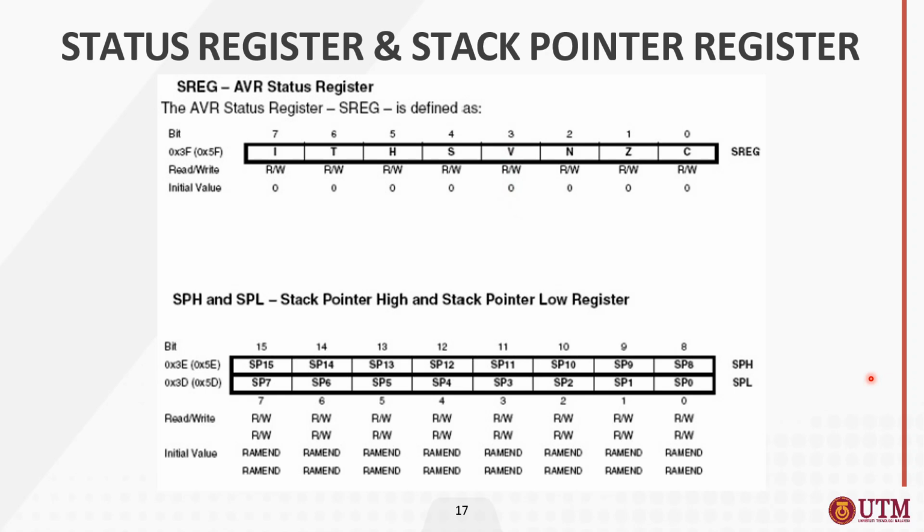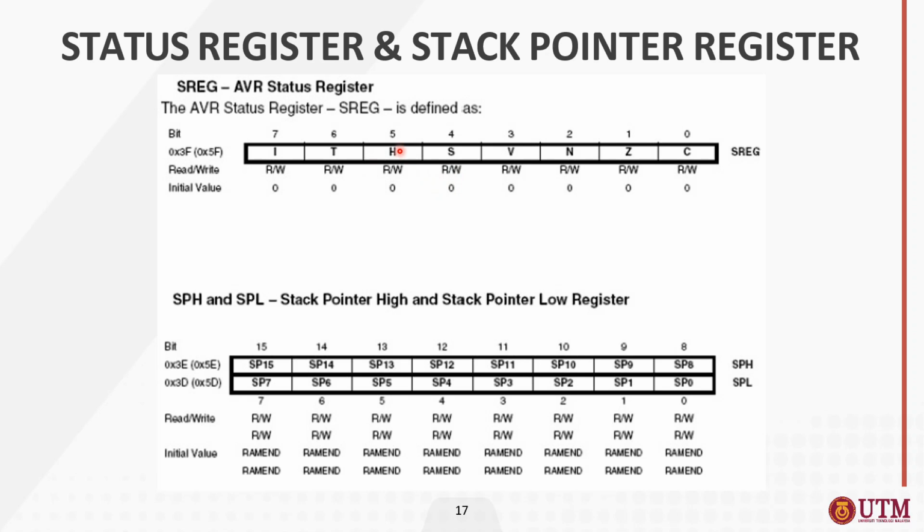So next is S. S is the sign flag. The sign flag is located at bit number 4 of the status register. It indicates the sign of the result of an operation. Basically, if you do some signed arithmetic operations, the flag will be set, or become 1. H is the half carry flag.